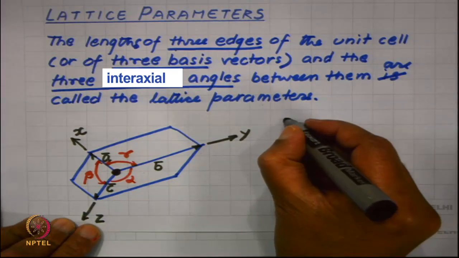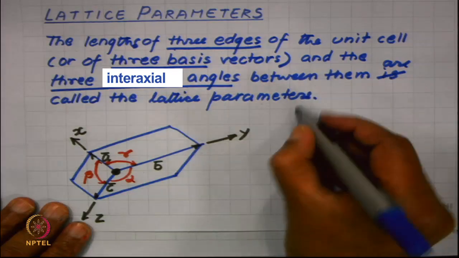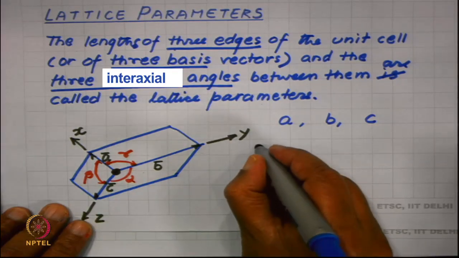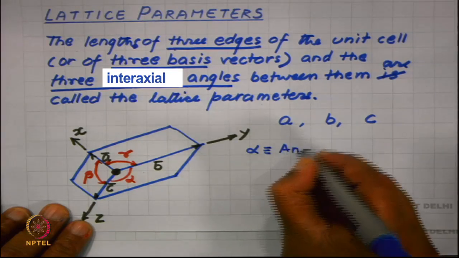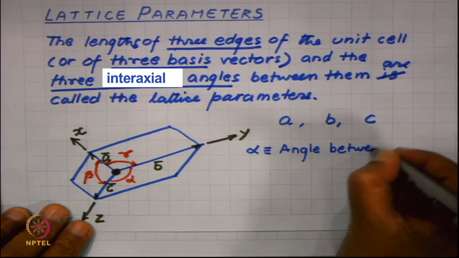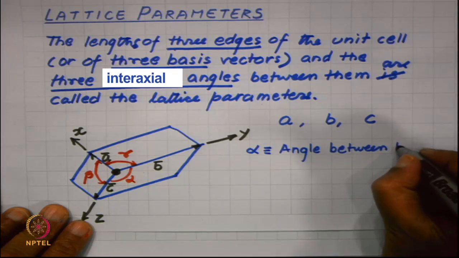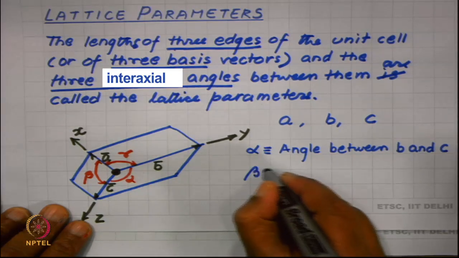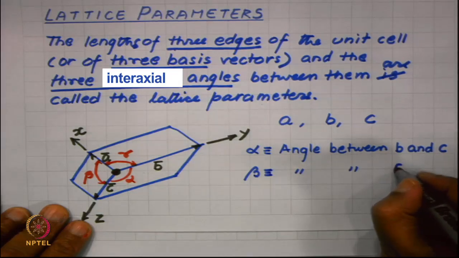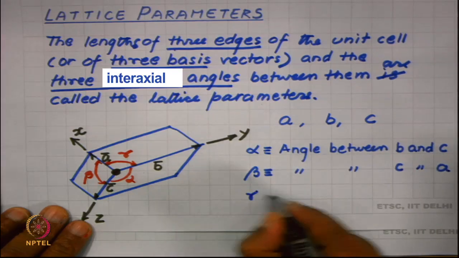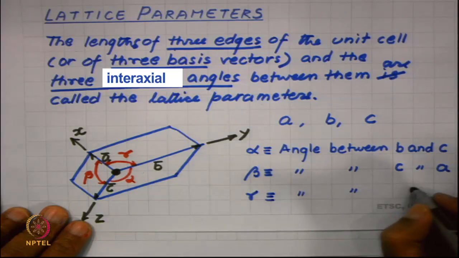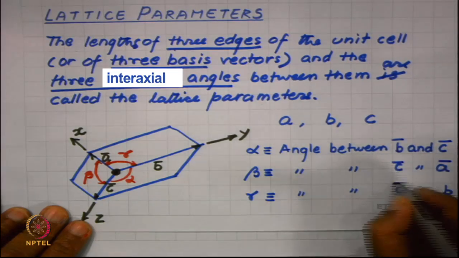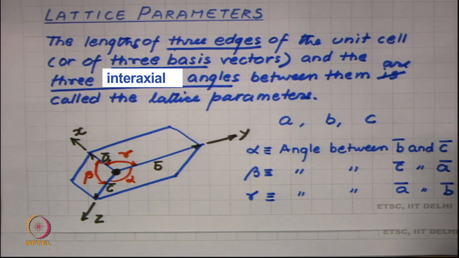So, the three lengths A, B and C and the three angles alpha, angle between B and C, beta, angle between C and A, and gamma, angle between A and B. This is the convention of naming.